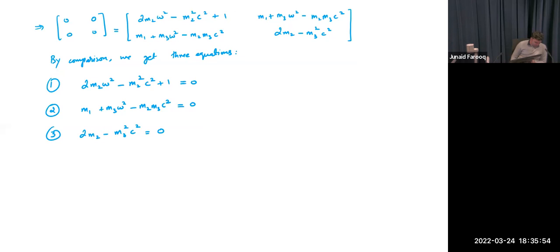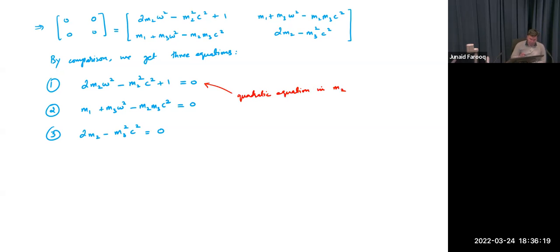So now we have 3 unknowns to figure out, m1, m2, and m3. And if we figured those out, then that's it, you found your m. So if you look at this equation, it is a quadratic equation in M2.